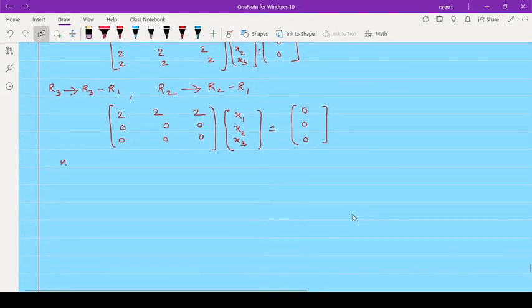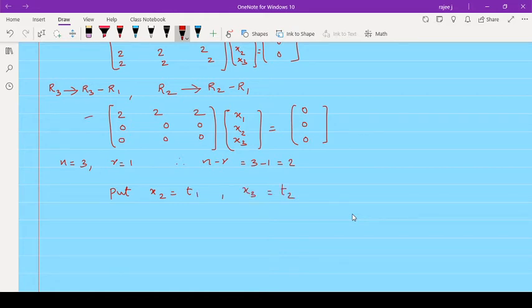Here you are getting n equal to 3, number of unknowns 3, rank equal to 1. Therefore n minus r, means 3 minus 1 equal to 2 variables can be given arbitrary constant values, which means you will get two linearly independent solutions. So I am putting, suppose, x2 equal to t1 and x3 equal to t2.